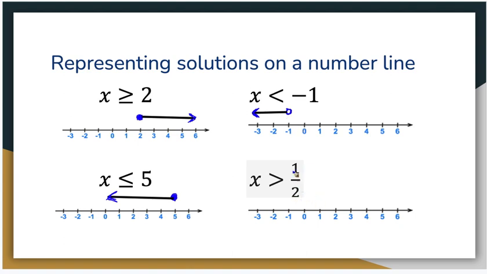In the last example, we have a fractional case. Now, the number line only consists of whole numbers in running order, so in order to represent a fraction, we just estimate the position. In this case, half is not inclusive, so it's an empty circle, and it's greater than, so it goes to the right.